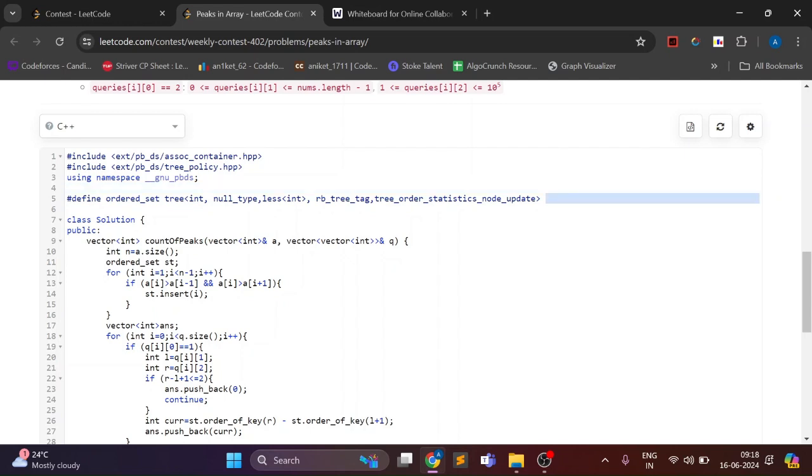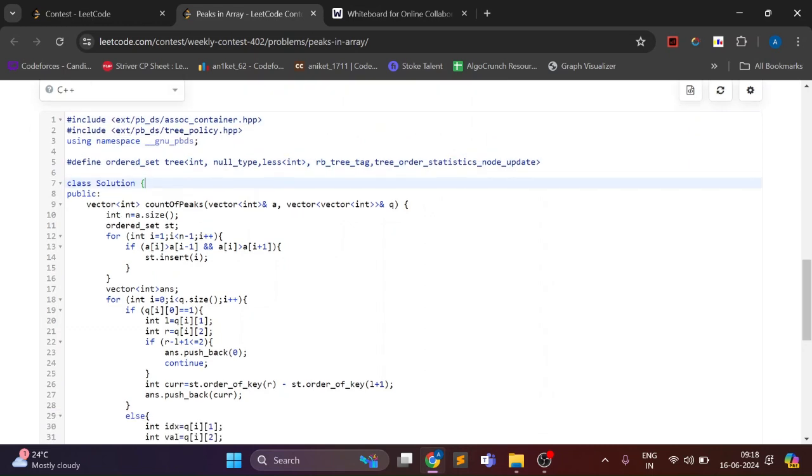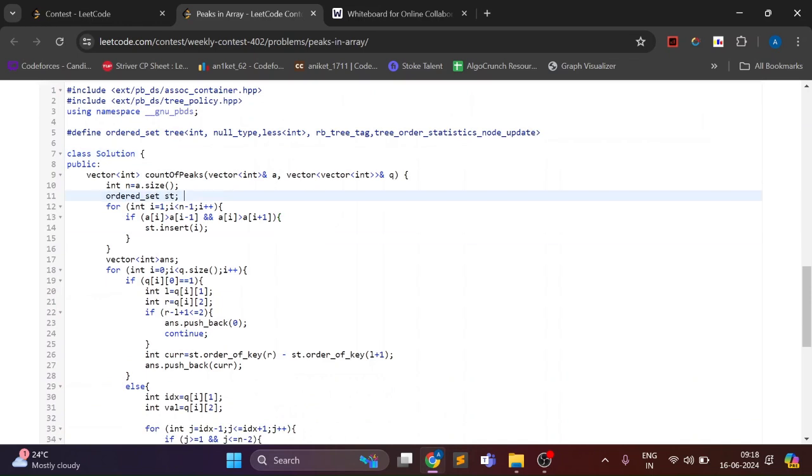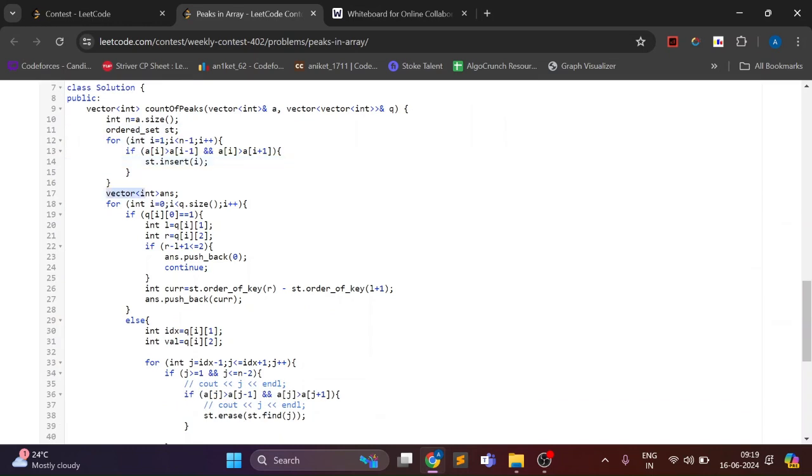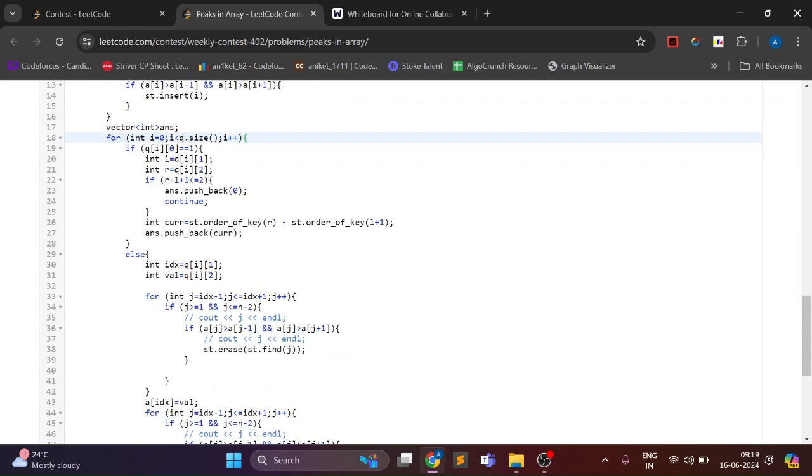This is the template for it. I add some libraries and declare an ordered set. Now what I will do is declare an ordered set st and initially store all the peaks in that st. Now I'll declare an answer vector to store all the queries' answers. Now first, if the query type is 1, I will first take an l and r.